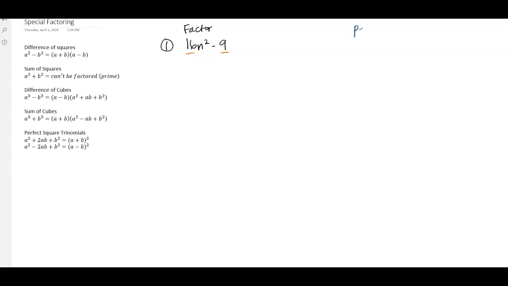Remember that perfect squares are what you get if you take a number and square it. So 1 squared is 1, so 1 is a perfect square. 2 squared is 4, 4 is a perfect square. 3 squared is 9, 9 is a perfect square. 4 squared is 16, and so on.